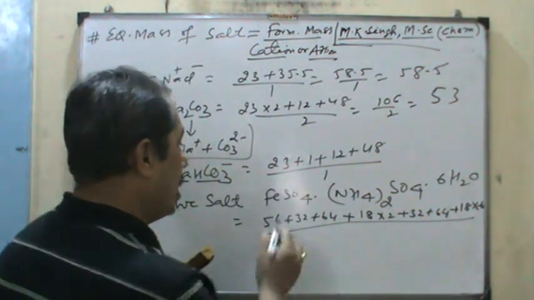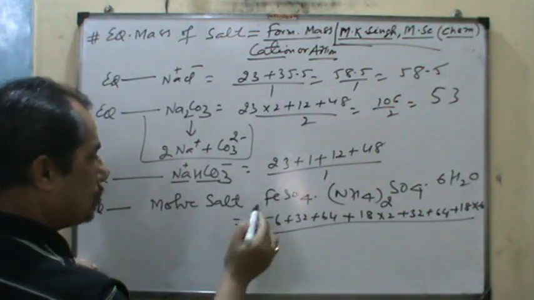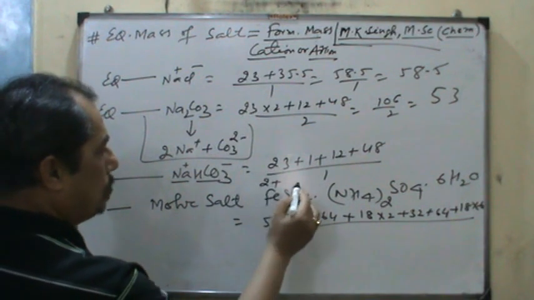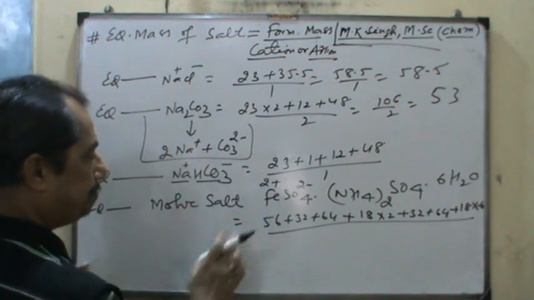Anyone tell me? FeSO4 and (NH4)2SO4. On Fe how much charge here? 2 plus, or on sulfate 2 minus.